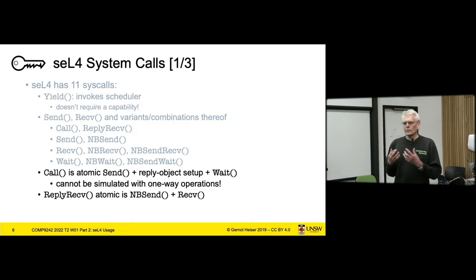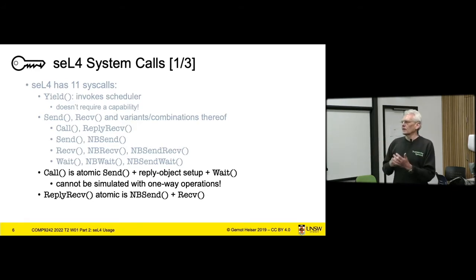And call is, as I explained yesterday, a send phase, setting up a reply object which has been provided by the receiver, and then the waiting for the reply. And because of this manipulation of the reply object, you cannot actually simulate call by send and receive operations.